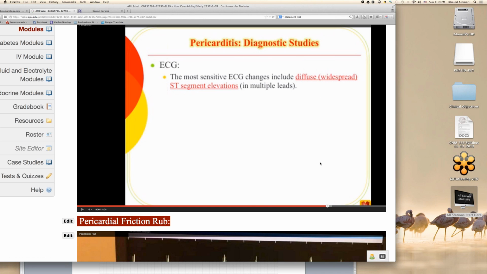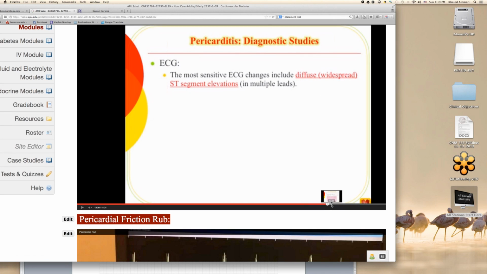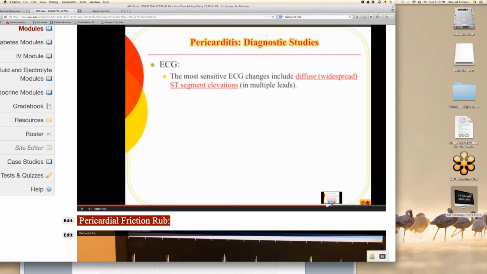So here's the other thing: there was a question, I guess, Janice, about the ST elevation. Now remember when we talked about CAD, we said that ST elevation is seen whenever there's a myocardial injury as a result of a clot or a complete or almost complete obstruction of one of the coronary arteries.